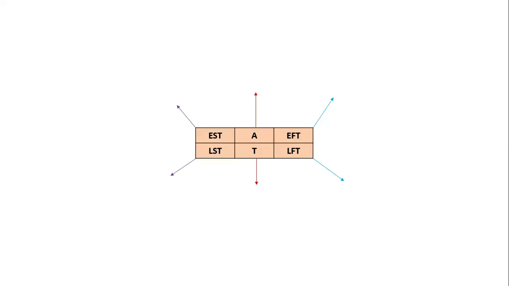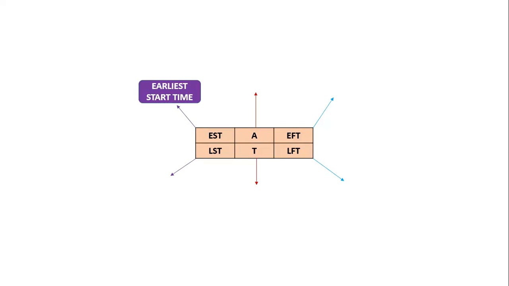So it's very important that you understand nodes that come with the calculation of the critical path method, right? So when you see one looking like this, it's important that you know what each of these stand for. So the EST stands for the earliest start time.